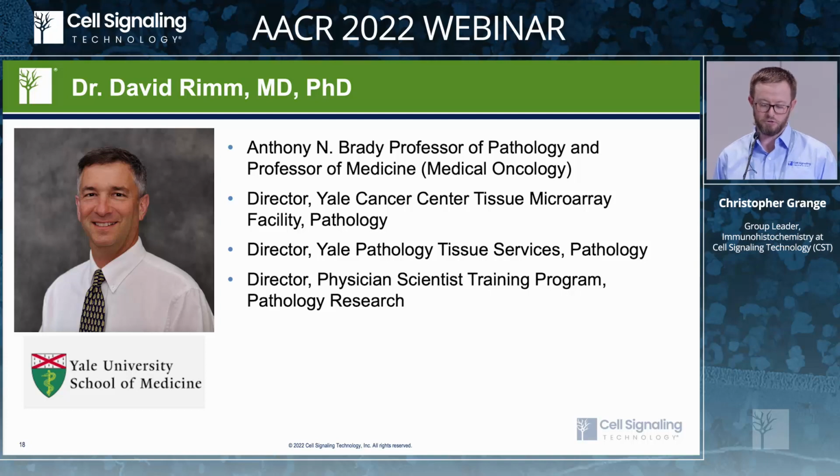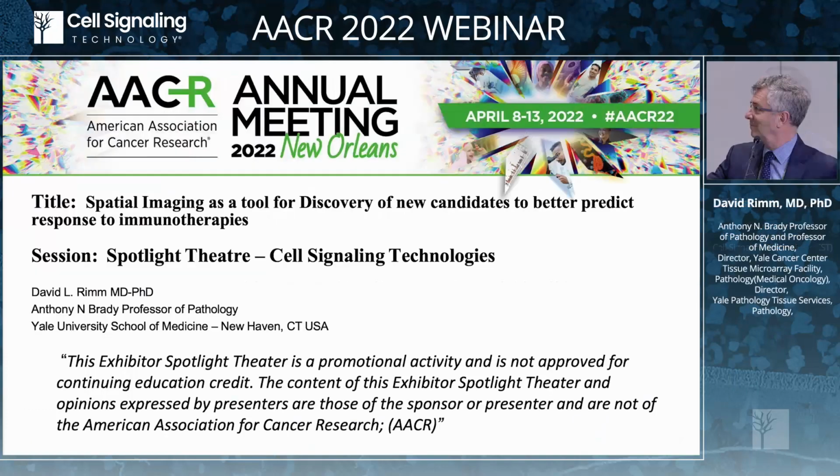His lab group focuses on quantitative pathology and spatial imaging, with projects related to predicting response to therapy, as well as recurrence and metastasis in several types of cancer, including breast and lung cancer, melanoma, and head and neck squamous cell carcinoma. We're excited to hear about some of Dr. Rimm's latest work in digital spatial profiling and his perspectives on the importance of antibody validation in both high and mid-plex tissue-based assays.